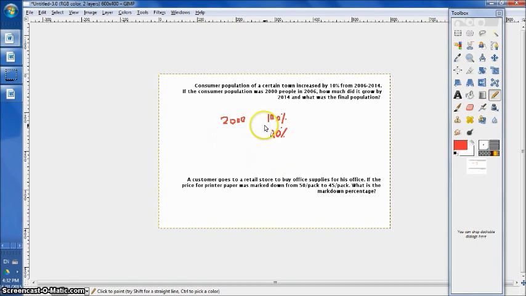And we don't know what the population was in 2014, nor do we know how much it increased by. So first thing I'm going to do is figure out how much the population went up by. So again, part-base rate, or rate-base.